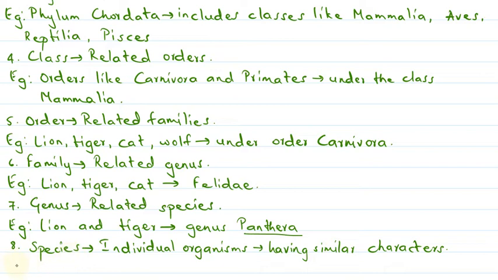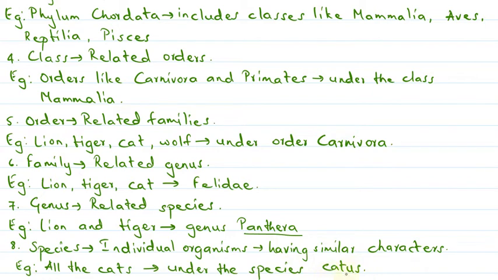For example, all the cats come under the species Catus. So Catus is again a species name, hence I have underlined it, and the c is a small letter.